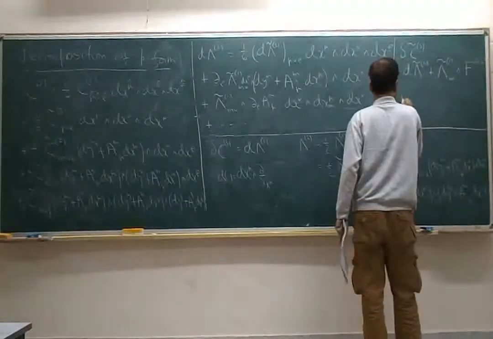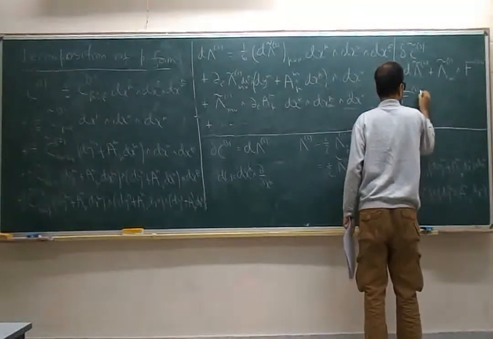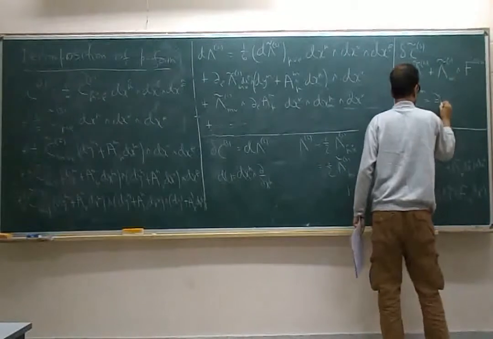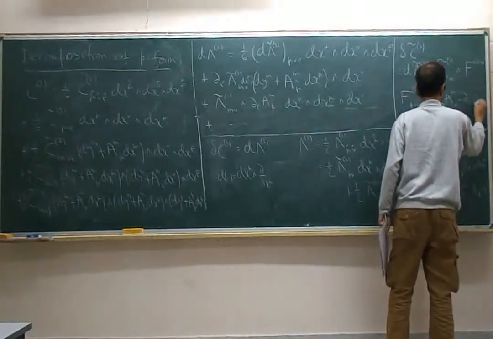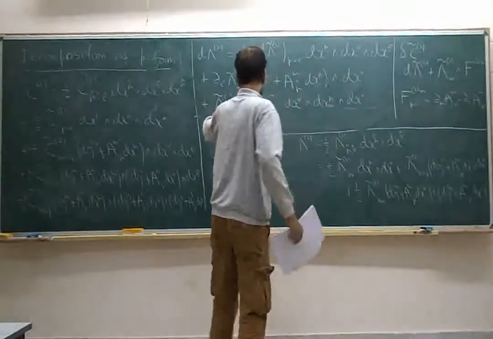So what is f2? f2 m mu nu is basically del mu A m nu minus del nu A m mu. That's coming from this term over here.